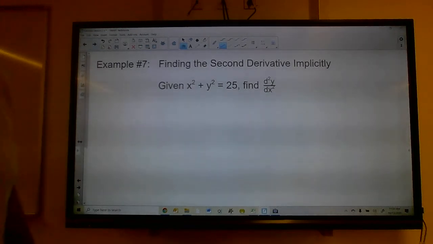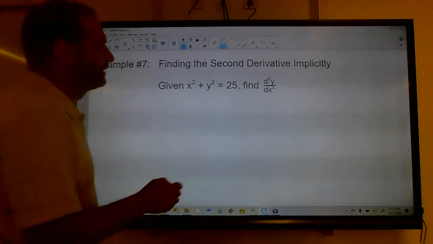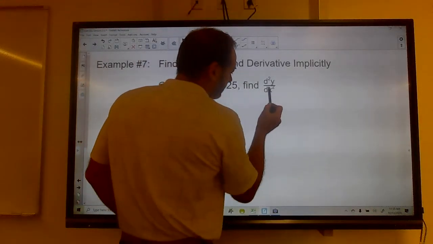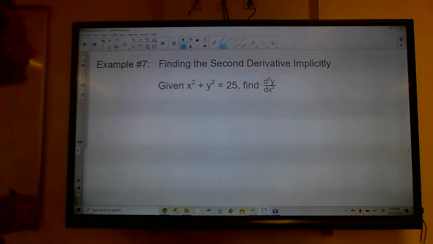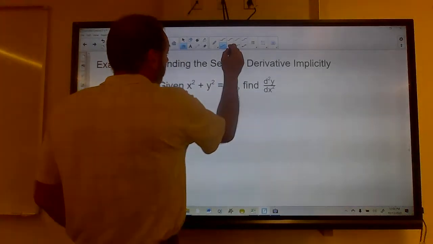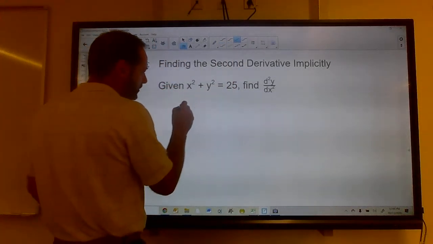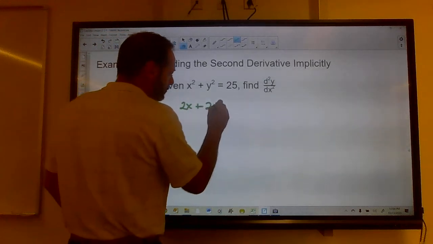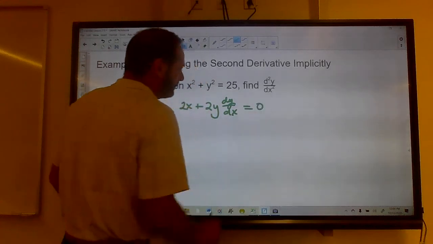Finding the second derivative. Okay, so we've got x squared plus y squared equals 25. See how it's got this little 2 here and the little 2 right there? That means find the second derivative of y with respect to x. So we'll start out, we'll find the first derivative. That's going to be 2x plus 2y dy dx equals 0.